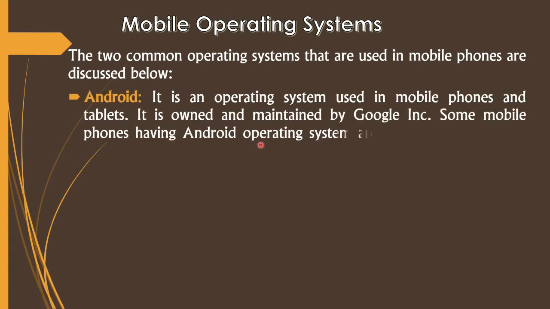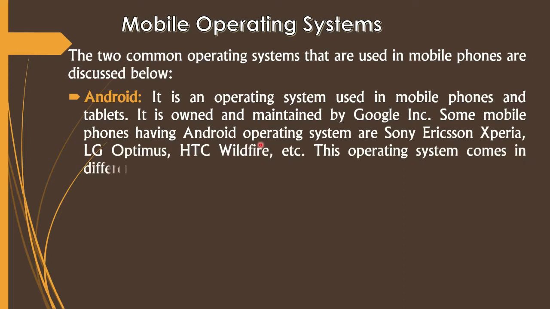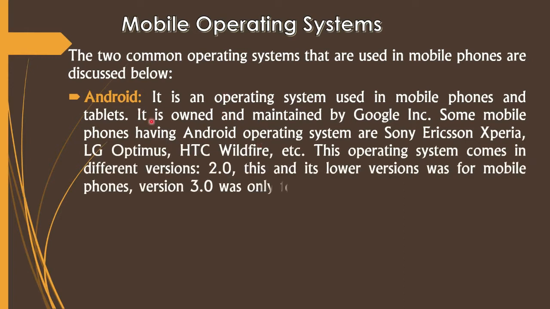First one is Android. Mobile is also a machine only, just as a computer is a machine. To operate that you need an operating system. Likewise, mobile is also a machine, and to operate that machine, a mobile operating system is required. So Android is a mobile operating system to operate a mobile.